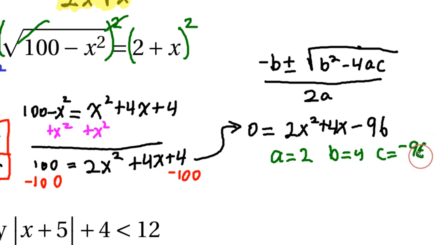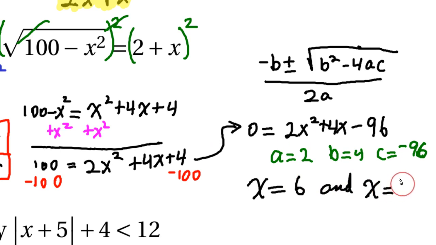So when I plug all of this into the quadratic formula, I will be able to immediately say that x equals. Putting all of that into my calculator very quickly, I get that x is equal to 6, and I also get that x is equal to negative 8.